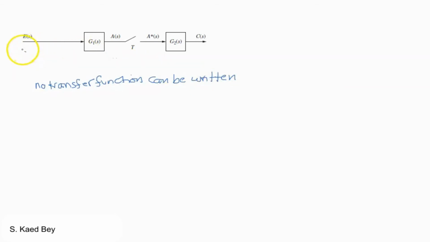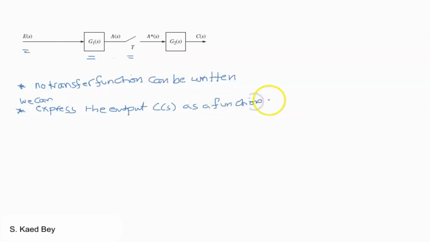This is true when the input E of S is applied to an analog element G1 of S before it is sampled. However, we can always express the output C of S as a function of the input.